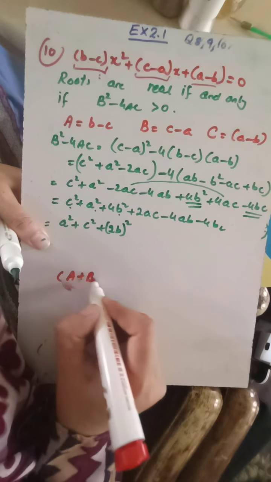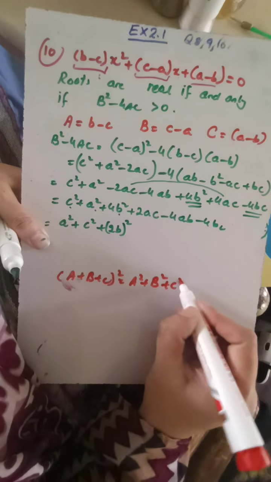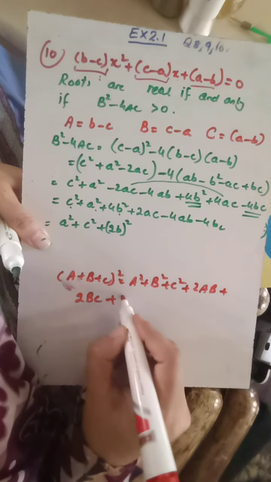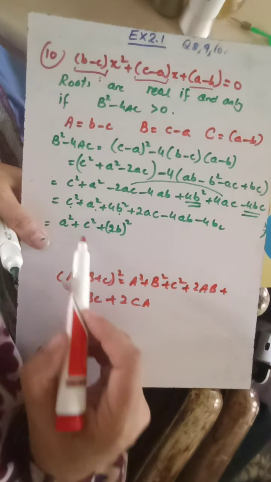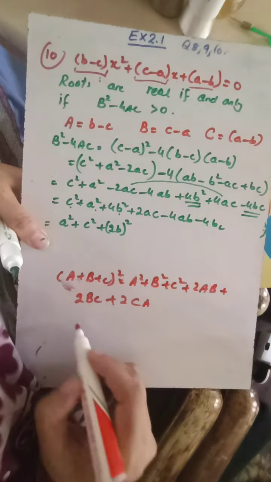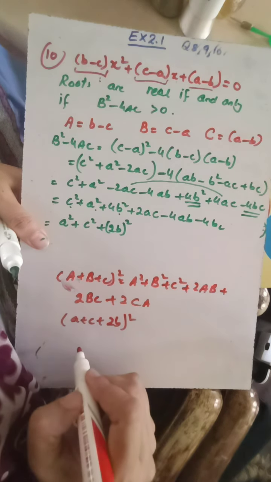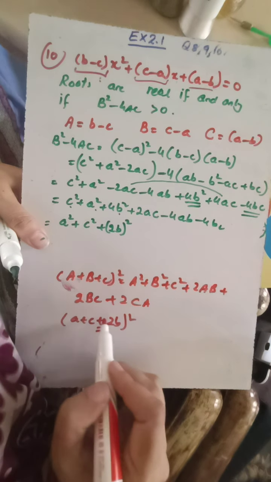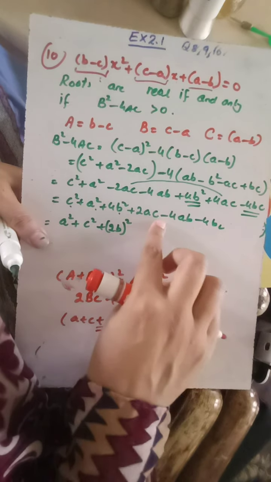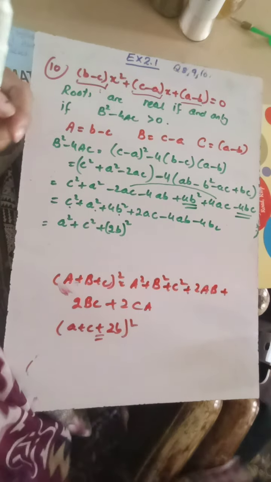We know that (a plus b plus c) whole square is equal to a square plus b square plus c square plus 2ab plus 2bc plus 2ca. Let me judge whether this whole expression is the square of (a plus c plus 2b) or not. Okay, there may be a change of sign. I will have to take one of these negative, because as you may see there are negative numbers also. So one of them must be negative.